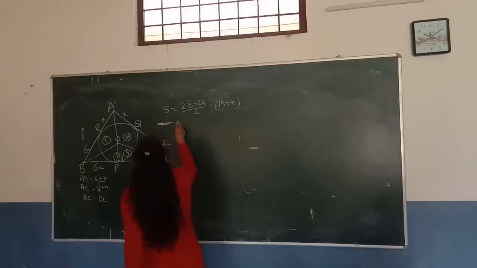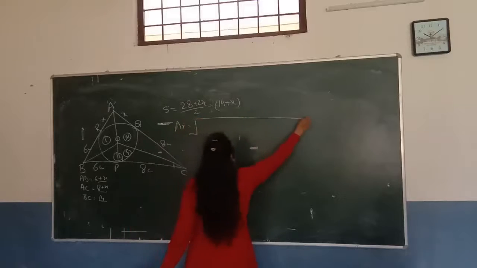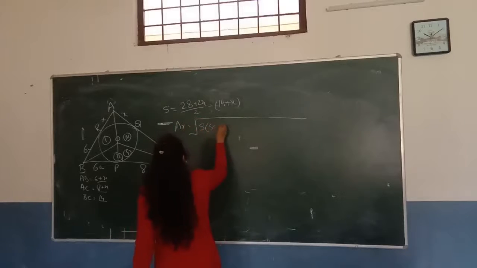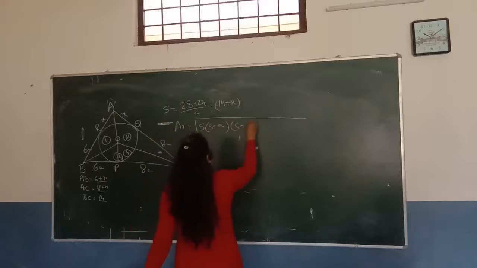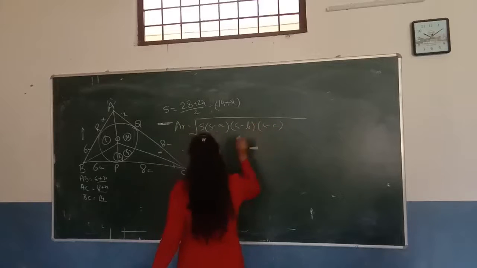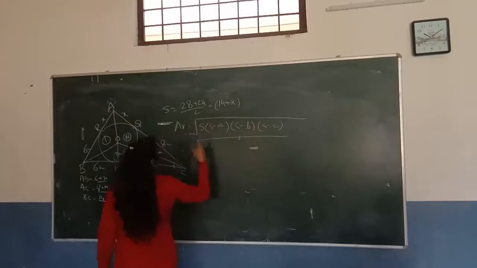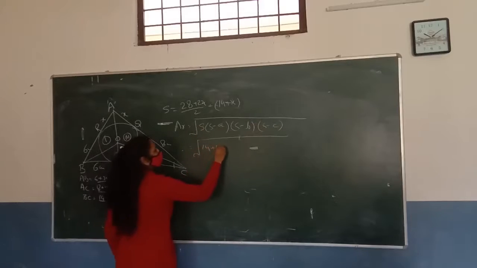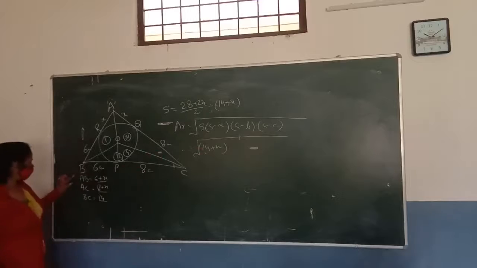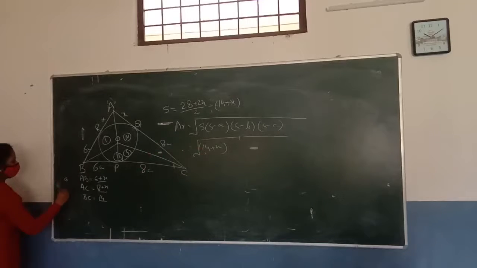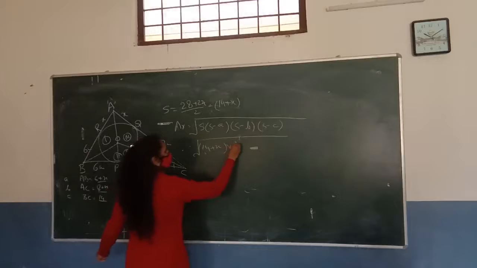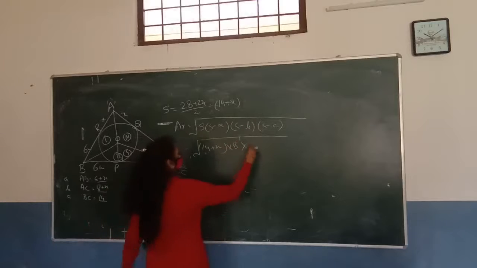Now for finding the area, we will apply the formula root of S into S minus A into S minus B into S minus C. S is how much? 14 plus X. And S minus A. Suppose this is A, B, and C. A is 6 plus X. So we will subtract 6 plus X from 14 plus X. So it will be 8. Minus B, 6.